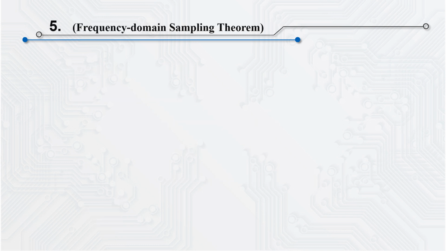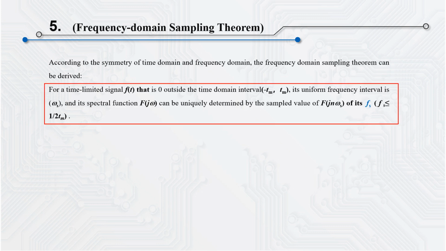Finally, let's talk about the frequency domain sampling theorem. According to the symmetry of time domain and frequency domain, the sampling theorem can be derived for a time-limited signal that is zero outside the time domain interval from -Tm to Tm.